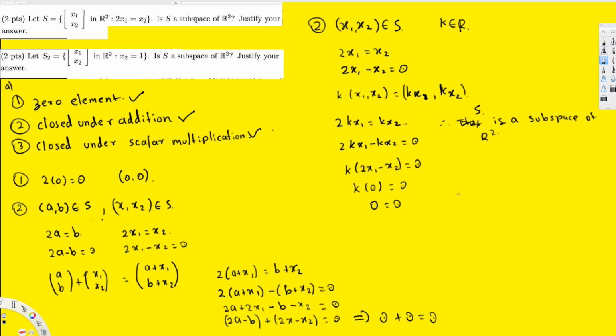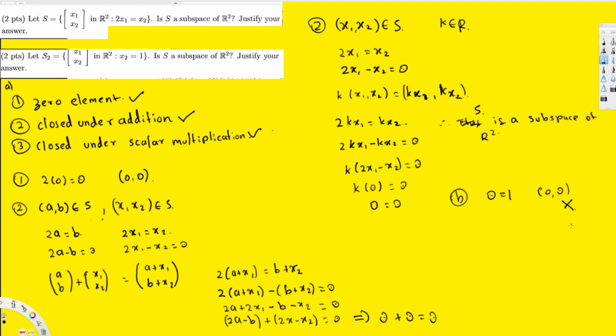This doesn't give us (0, 0). For the first one we substituted (0, 0) and got (0, 0), but for this one I can't. So that means this doesn't have the zero element. Therefore this fails the first condition.